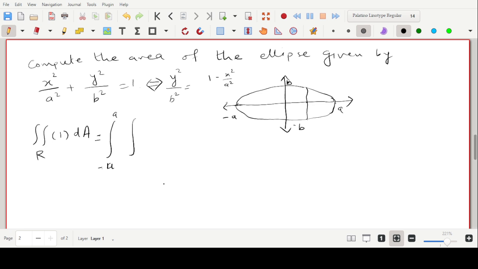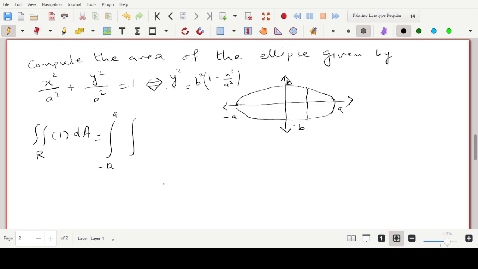And now if we multiply by b square on both sides, then this b square disappears, and then we can write y.